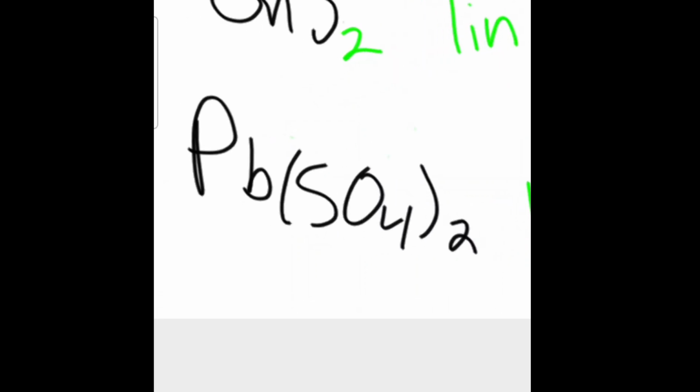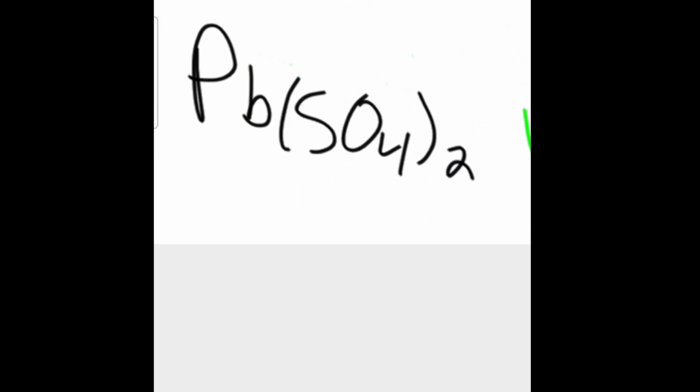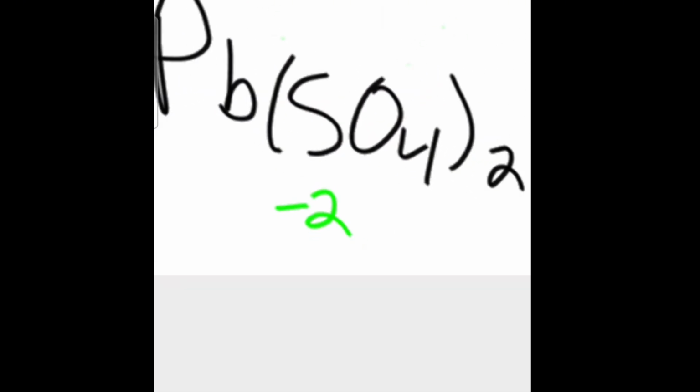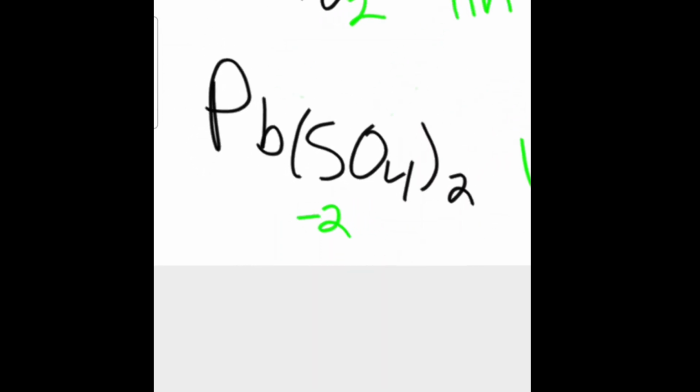So we know that Pb has a charge of at least 2. But sulfate has a charge of -2, which means Pb cannot be 2, because then this one would cancel out. So this means Pb has to be 4, because remember, 4 divided by 2 equals 2, 2 divided by 2 equals 1. And that's what happened here again.